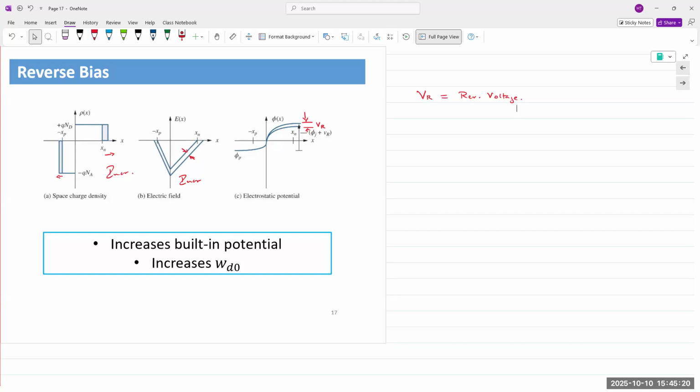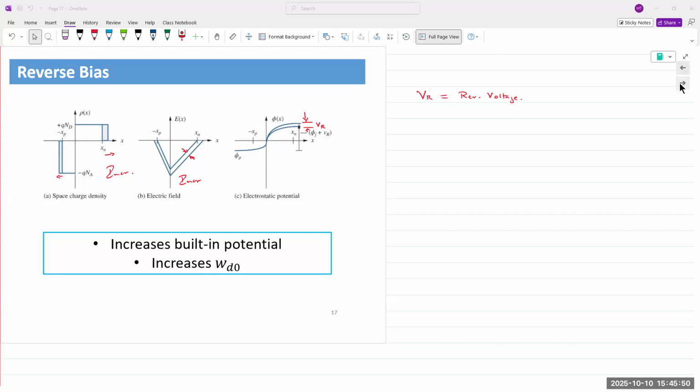The first effect is this. What happens when the electric potential increases? Remember, when P and N type form a junction together, holes and electrons start diffusing. When they start diffusing, it generates an electric field. That electric field is in opposition to that original diffusion, so it stops the diffusion.